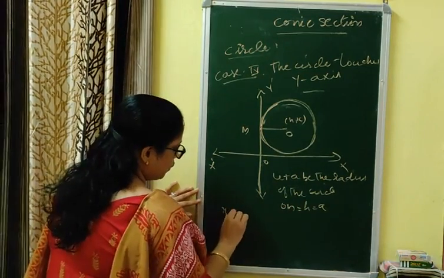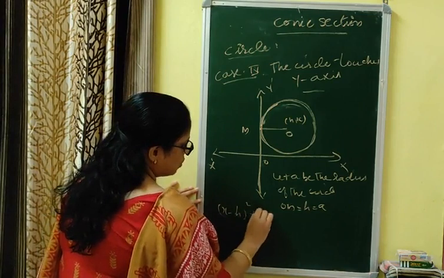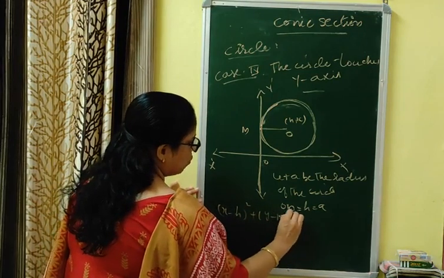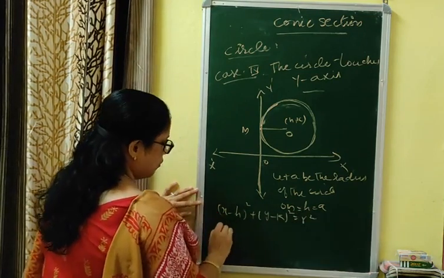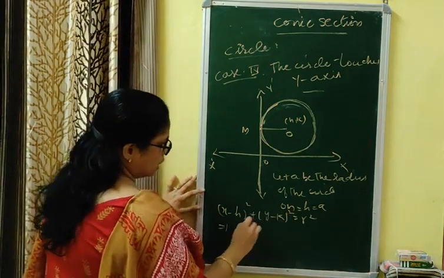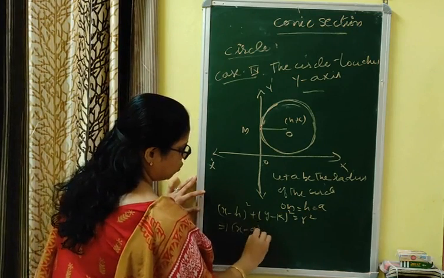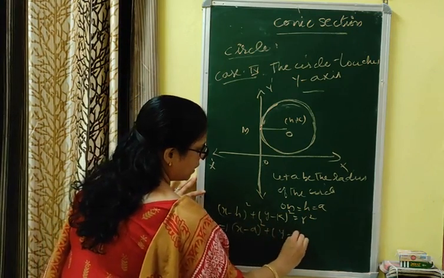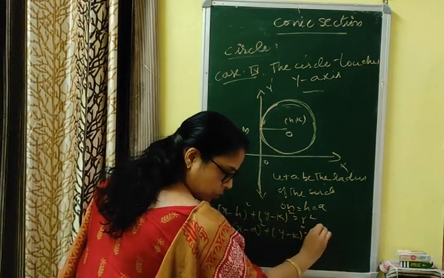By the central form of the equation of a circle, (x − h)² + (y − k)² = r². Since h is a, we get (x − a)² + (y − k)² = a².